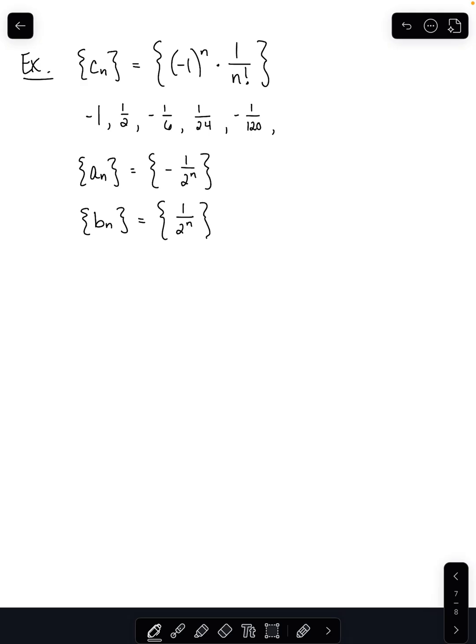The idea here is that we can show that 2 to the n is always smaller than n factorial, and therefore 1/2 to the n is always bigger than 1/n factorial.